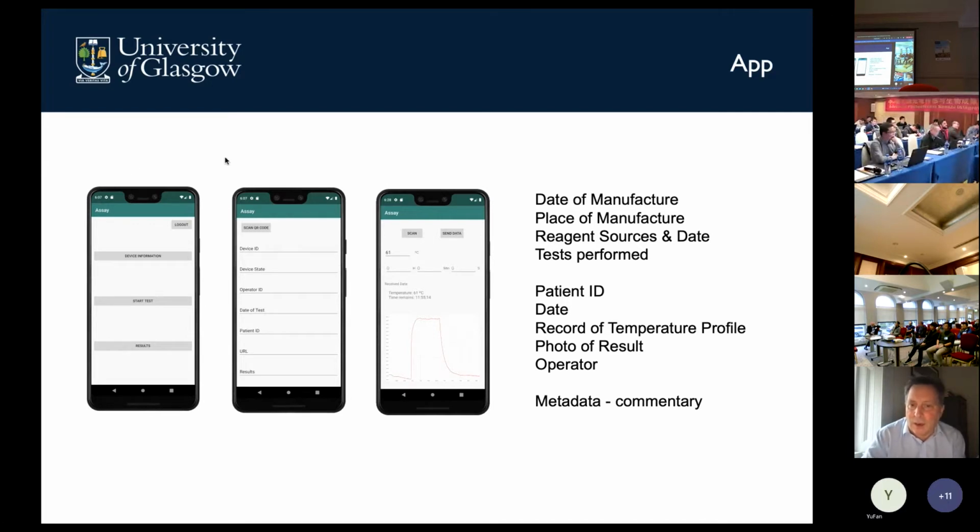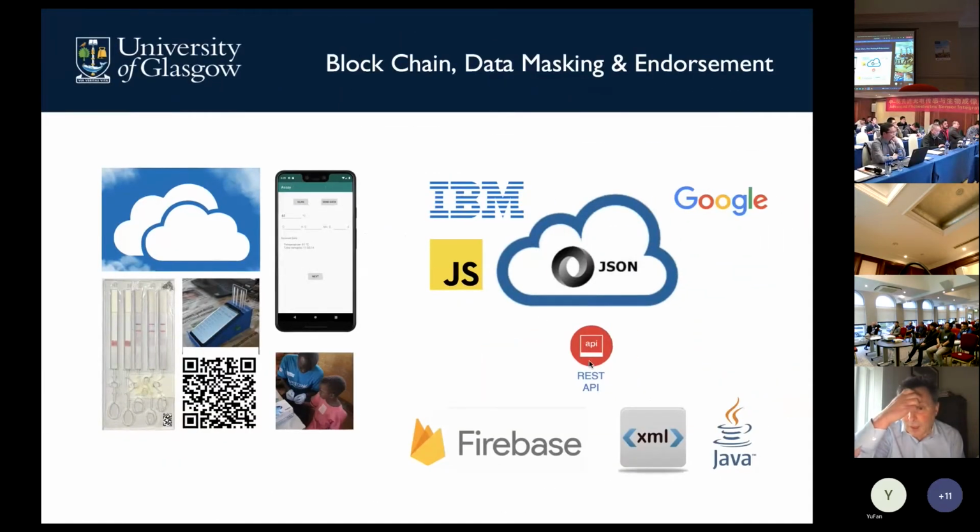We can enter anonymized information on the patient, so the patient ID, the time, the temperature, and so on, and any metadata that we also need to include. And as I said, we have this interface to the cloud, so we brought together a number of different tools in order to do this.